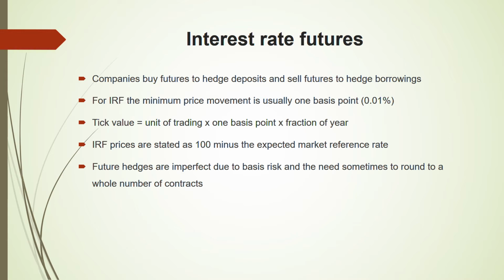And another scenario where future hedges are imperfect is due to rounding of the number of contracts. Remember yesterday I told you you have to round up the number of contracts for currency risk management. Same you have to do here also. The only difference is when you calculate the number of contracts, you have to include a fraction here in the interest rate future, which was not there in your currency risk future. You have to round to a whole number.